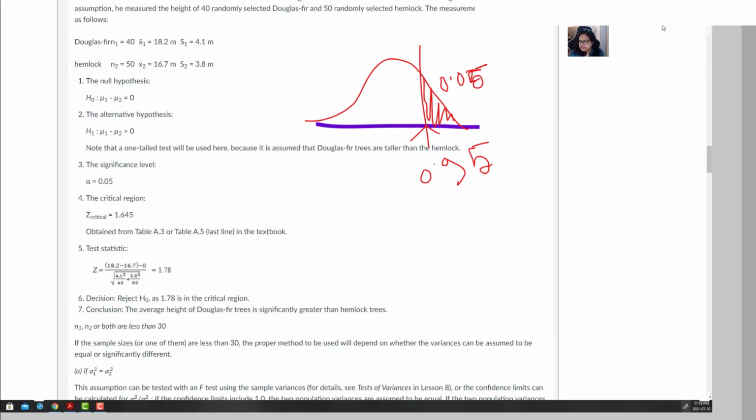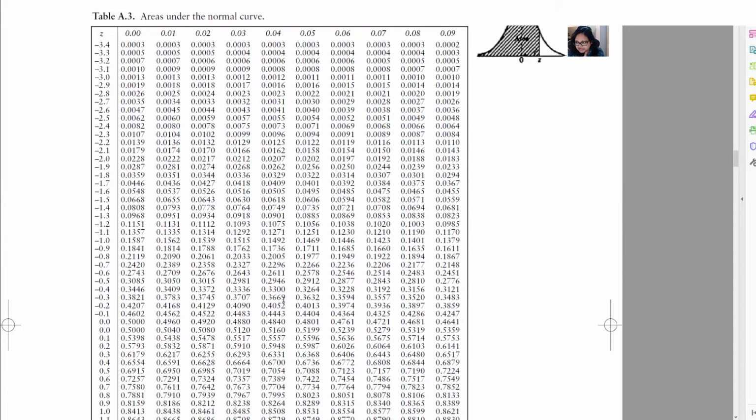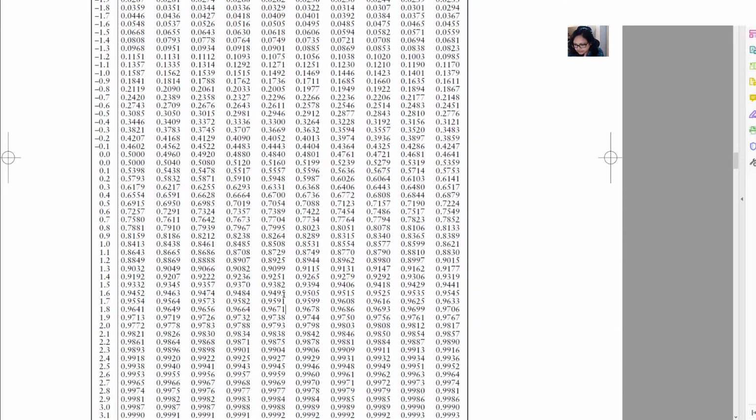Let's go to the Z table and let's find the value. So in the Z table, we try to find where is the 0.95. You can see 0.95 would be in between 0.945 and 0.95, in between these two values.